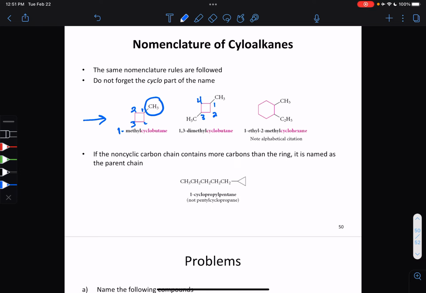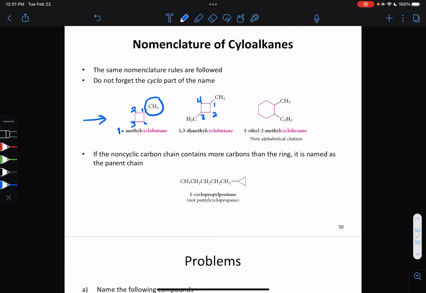However we number it, we want one of our methyls to start on carbon 1 and the other one to be on carbon 3. We wouldn't want 2,4-dimethyl. So either methyl group can be number 1 and either one can be number 3.